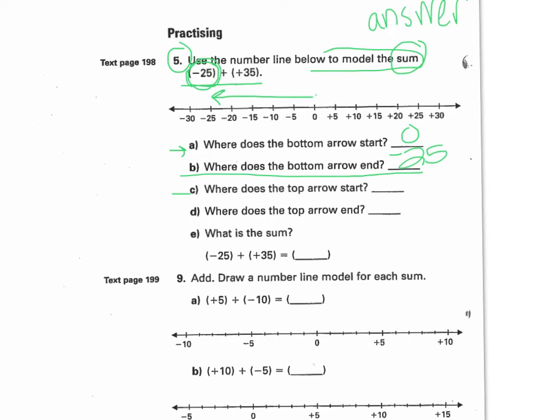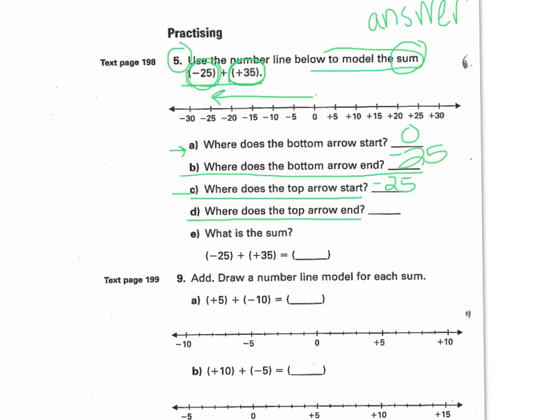C. Where does the top arrow start? Always start where you left off, at negative 25. Where does the top arrow end? We look at the rest of the statement. We are going to move 35 spaces to the right. It's positive 35.